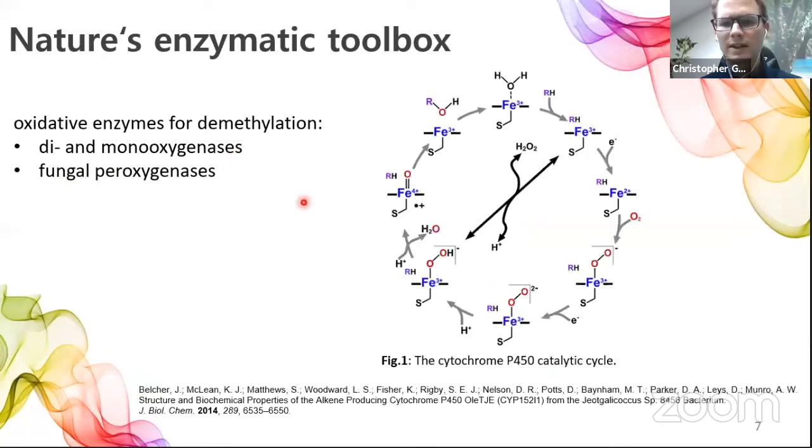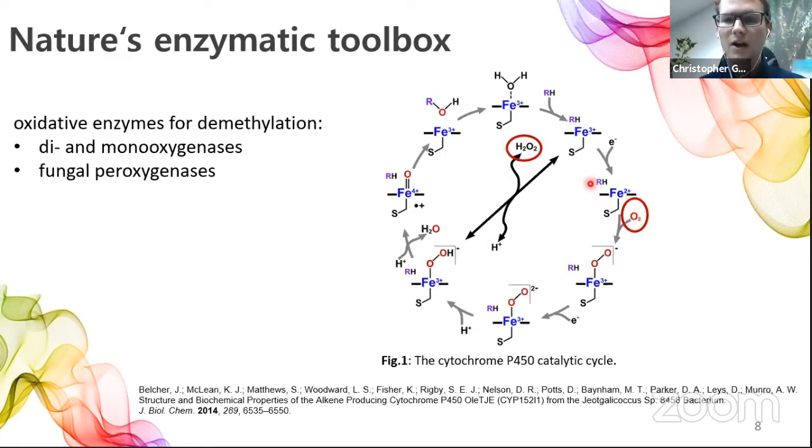If we take a closer look at this P450 monooxygenase catalytic cycle, we easily see that oxygen and hydrogen peroxide are involved. Hydrogen peroxide in high concentration is really difficult for enzymes because they can easily be degraded.